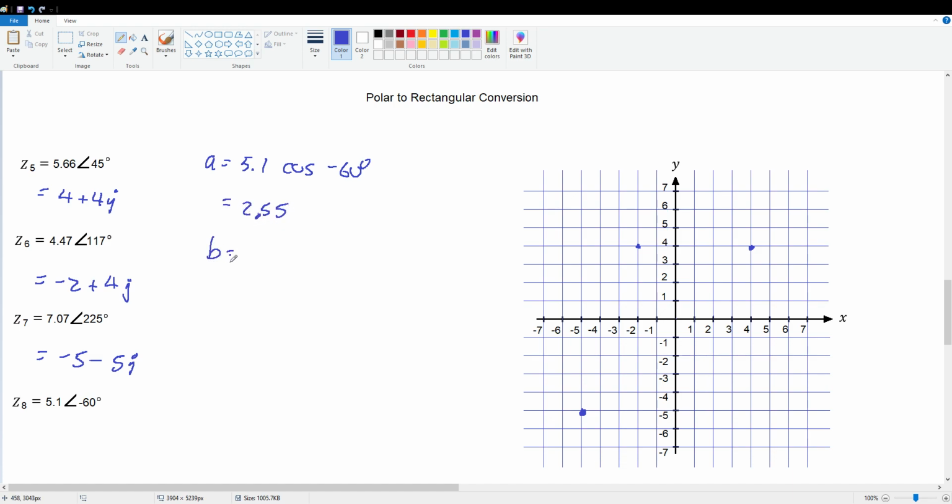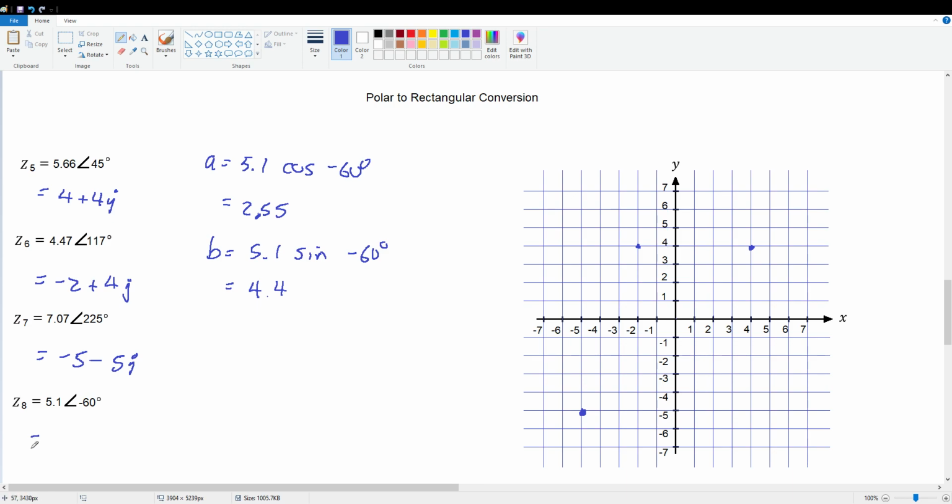And then B is equal to 5.1 times the sine of negative 60 degrees. And let's see what we've got for this. Okay, 60 degrees. Open the trig, take the sine. We've got 0.866 times 5.1. And we end up with 4.4, let's call it.